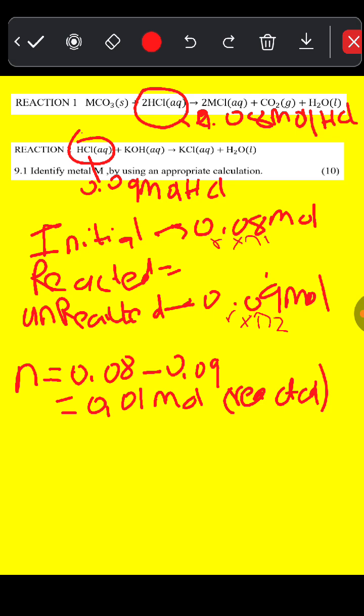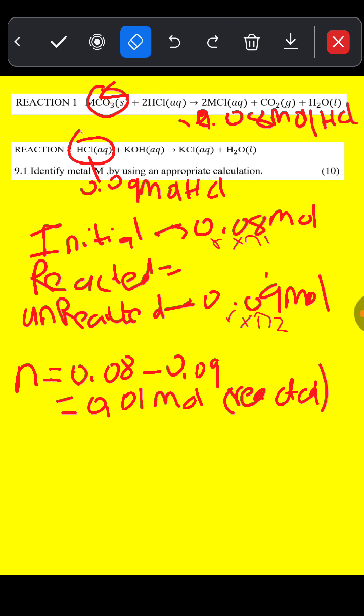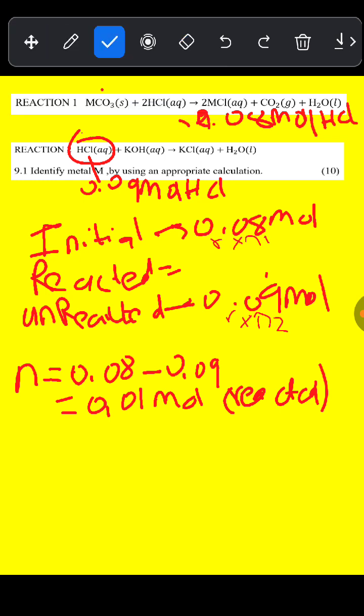Okay, so now I'm going to get the number of moles of this substance by using the ratio between HCl and this. Remember, from the beginning, even if I had the number of moles of HCl, I couldn't use those number of moles in a ratio to get the number of moles of this. Why? Because the number of moles that I had were the initial number of moles.